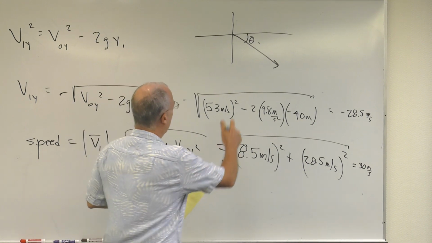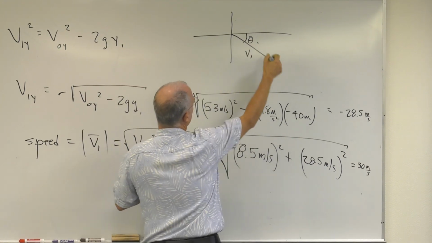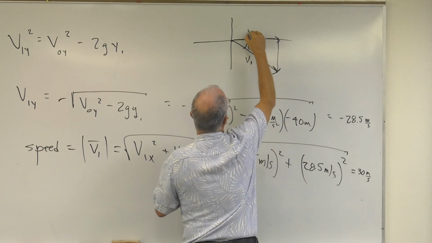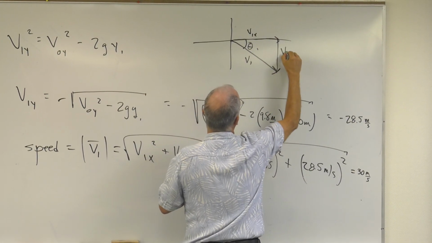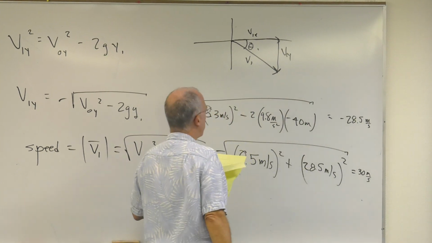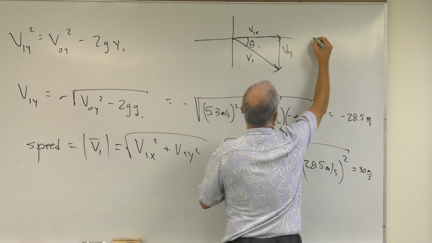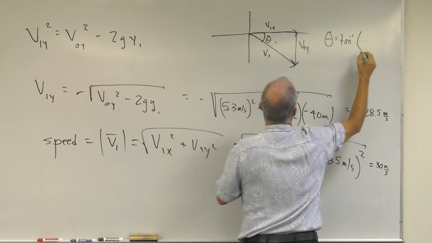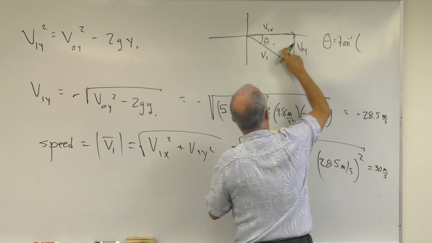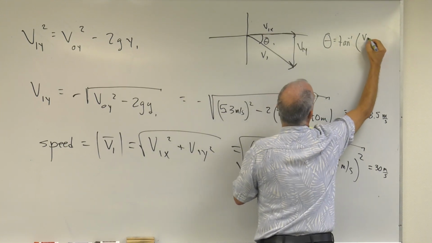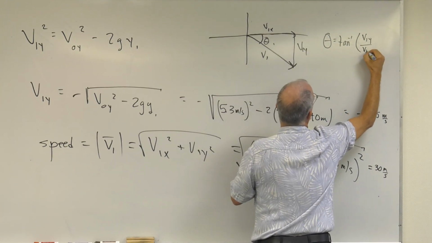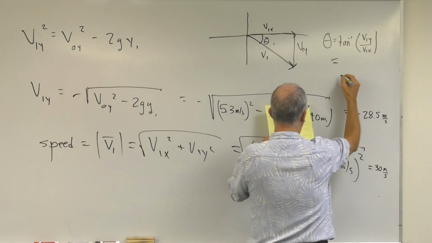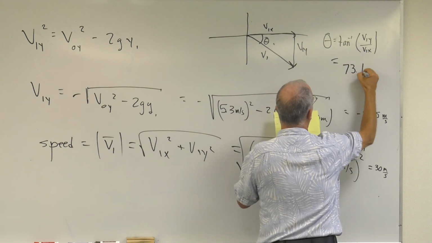All right, so this is V, this is V1, and then again, we resolve into components. So this is V1x, and that's V1y. And as we learned the other day, theta is inverse tan of opposite over adjacent. V1y over V1x. And I promise you, when you plug it in, you get 73.4 degrees.